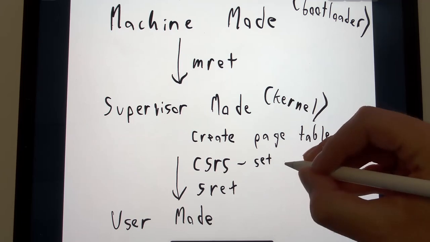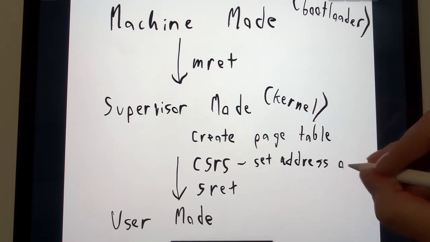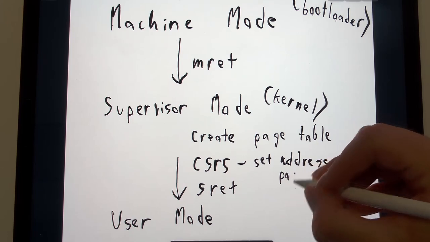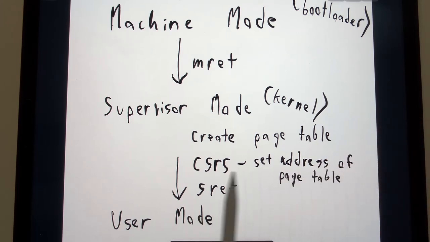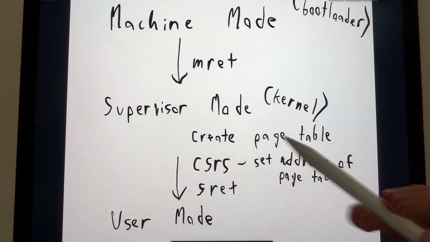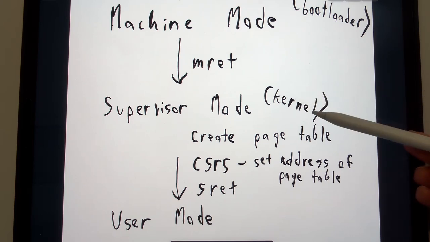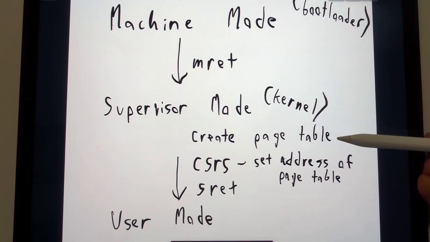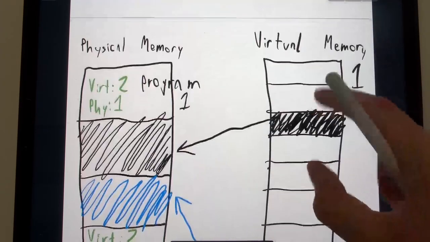So what you would then do is set the address of your page table. This is how you establish virtual memory in kernel mode. You create your page table, then you set the address of the page table that you just created.